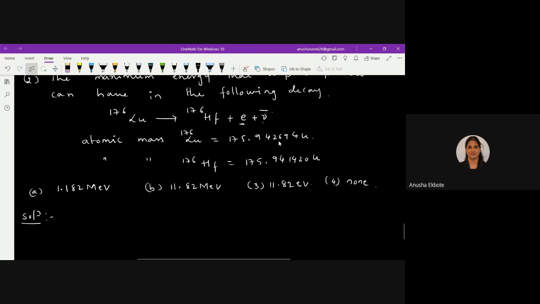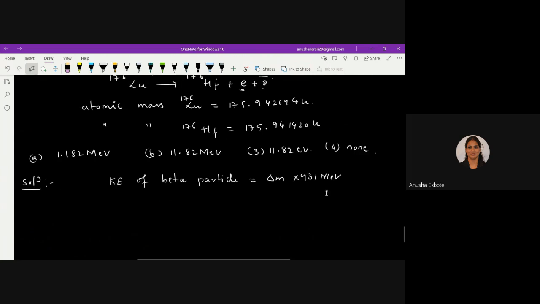We know that the kinetic energy of the beta particle in this case is equal to delta M into 931 mega electron volt. Very simple. Now we need to find the difference in mass, that is, the mass of the reactant and the product.